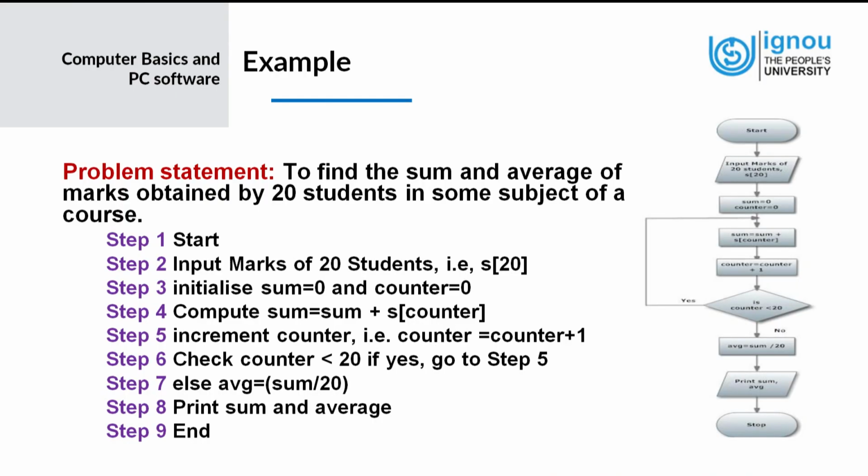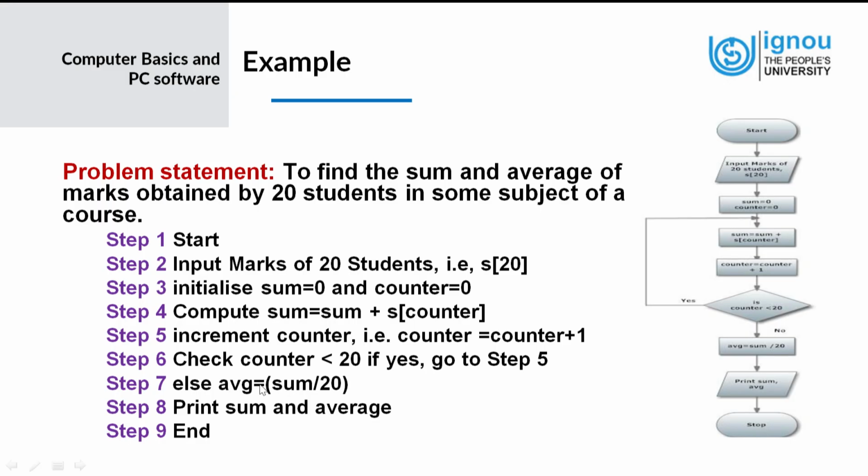All right. So we are just checking here, and once you have computed the sum and reached a stage where you have added all the student marks, that is basically by checking counter is less than 20, because the highest index is 19. So when the counter becomes 20, that is the time you terminate this loop and come out from here. And then you print sum and average. You have already got the sum, and you compute the average.